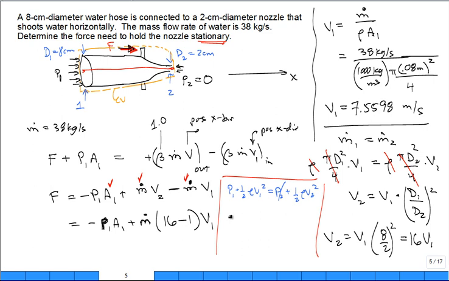So we calculate that P1 is equal to 1/2 rho times V2 squared minus V1 squared. We notice that V2 is 16 times V1, so it's 1/2 rho times 16 squared minus 1 times V1 squared, right?